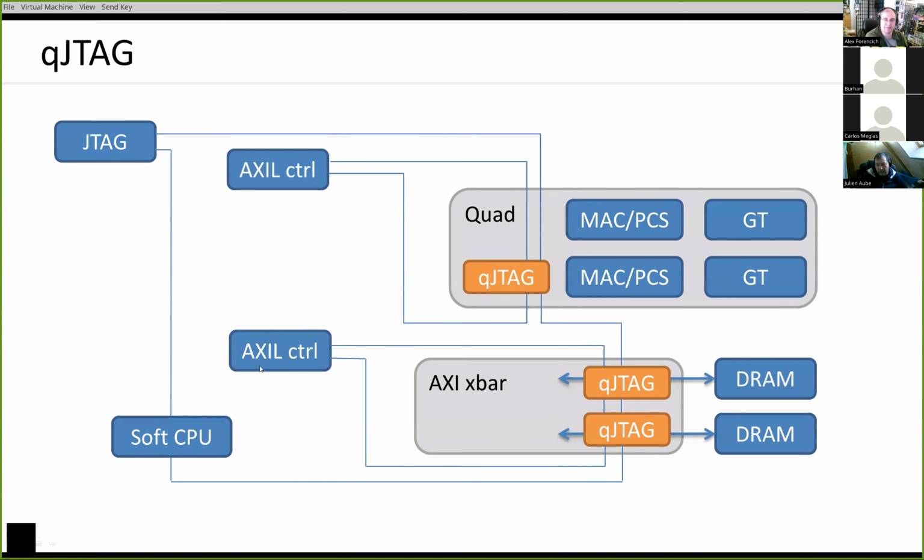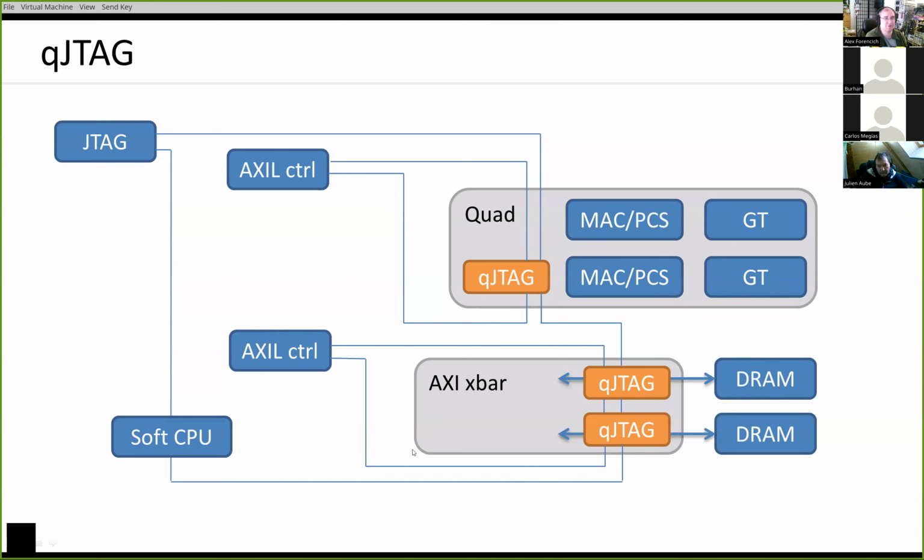Another option is you can access this DRAM here without having to add an additional AXI crossbar port or crossbar or something to get access to this memory here, which is otherwise dedicated to some internal logic.